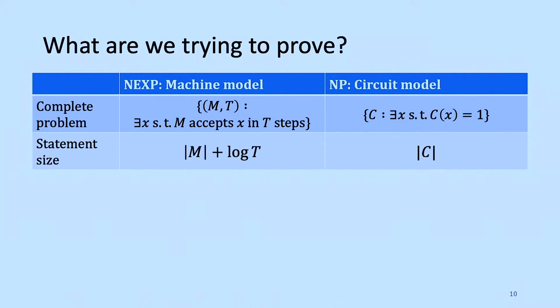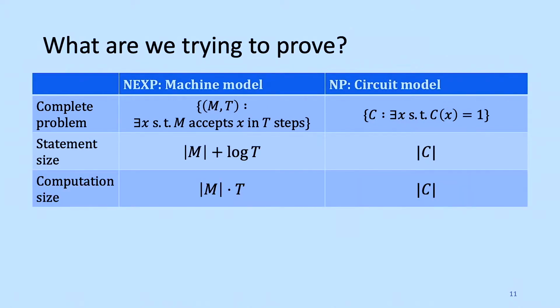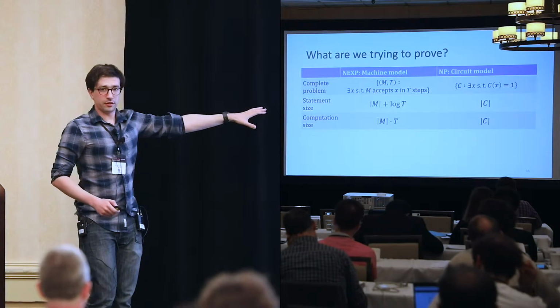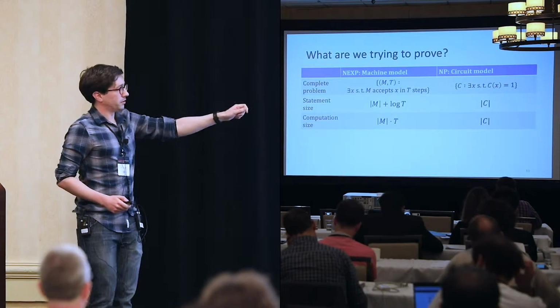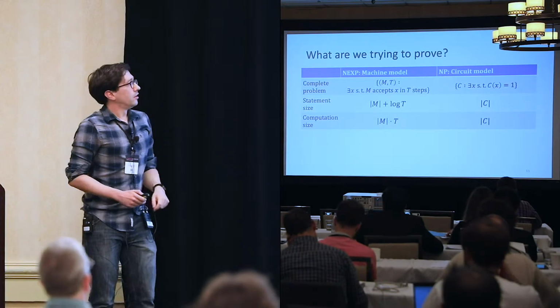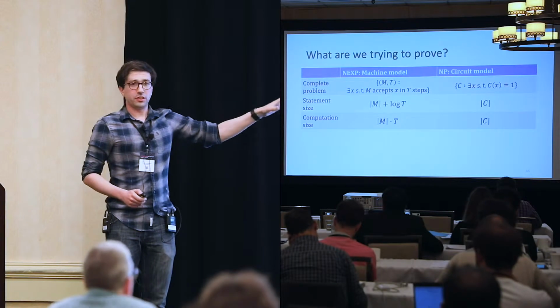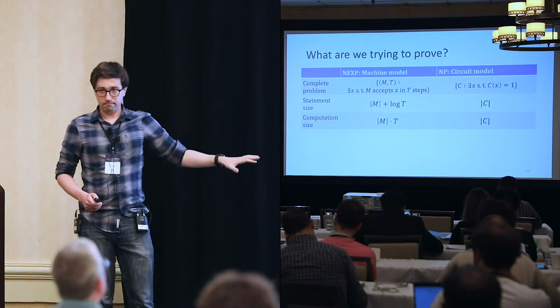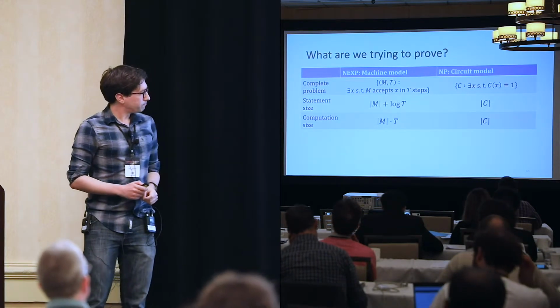Like you've written down the circuit and you've given it to me. On the other hand, the computation size, in the case of the machine model, is exponentially larger than the statement size, right? So here I have a log t, here I have a t. In the circuit model, the computation size and the statement size are the same. And this is important.